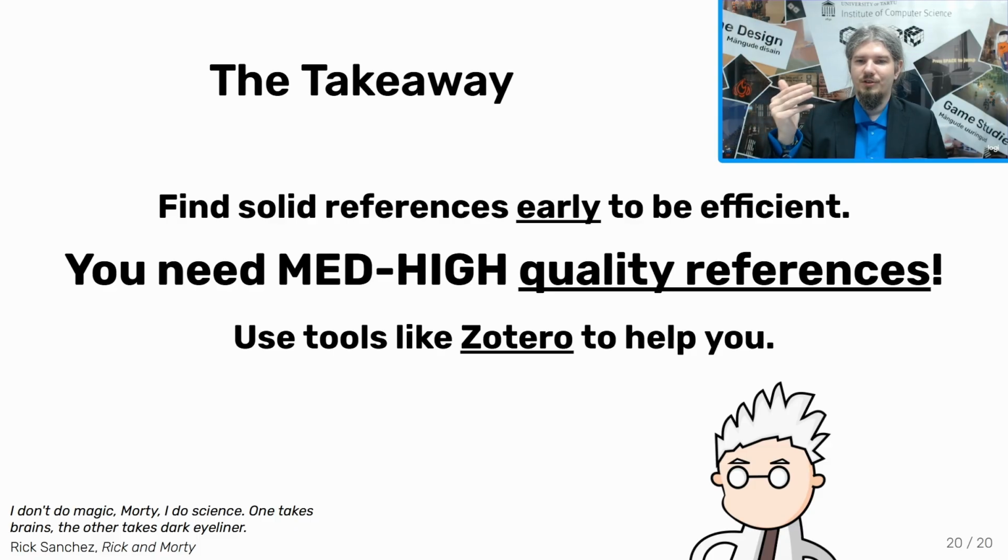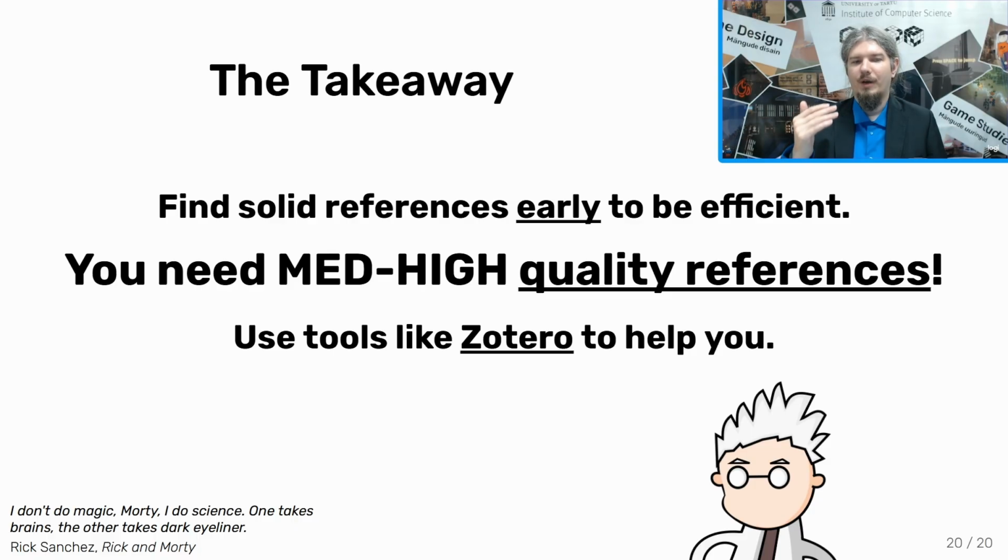So do that research early, see what's out there, see what people are talking about, see what the best practices are for, let's say, game design, so that you wouldn't do a lot of the work already and then afterwards think, okay, but now I have to somehow put that work into the context of this game design theory, and then you wouldn't need to spend a lot of the time reconning all of the work you have done. So find the references early, because these will guide your future work.